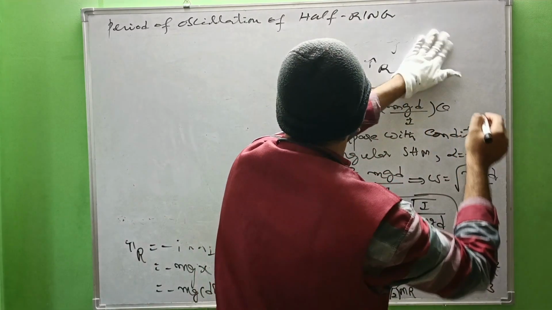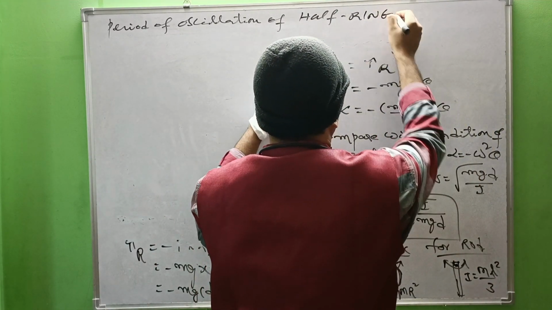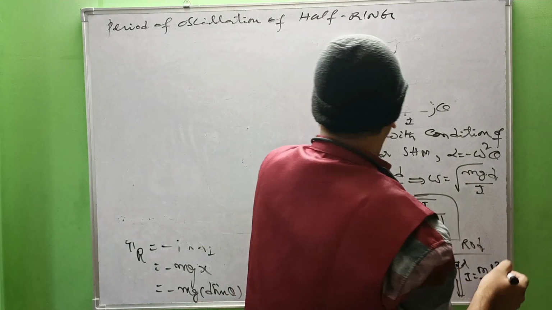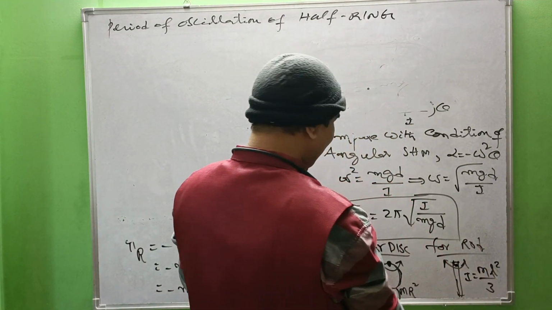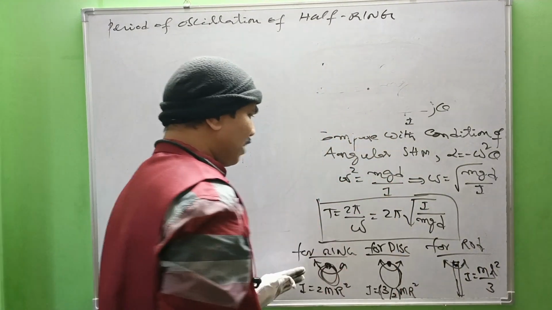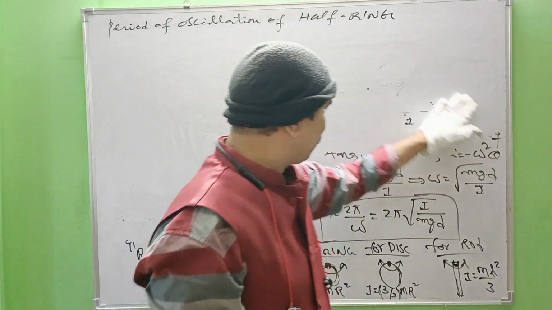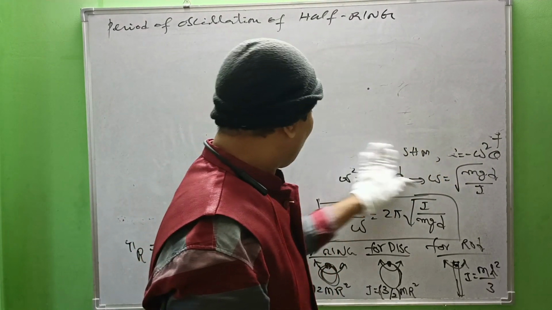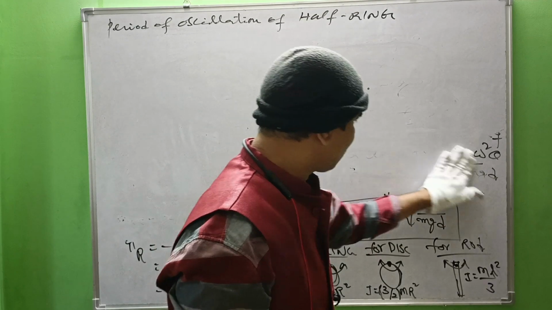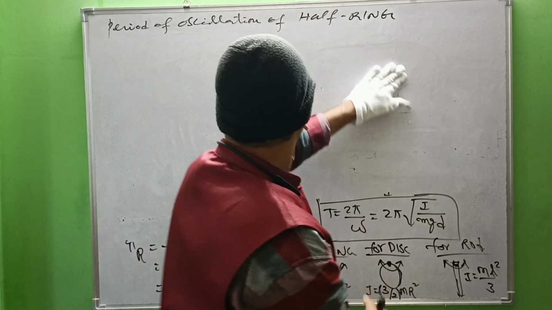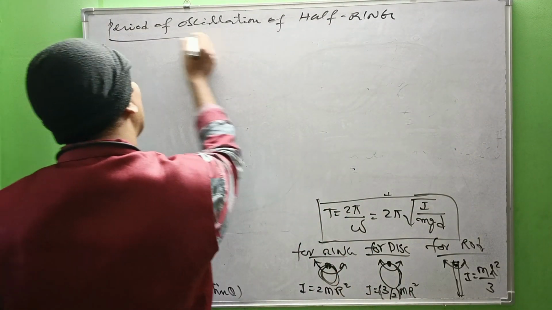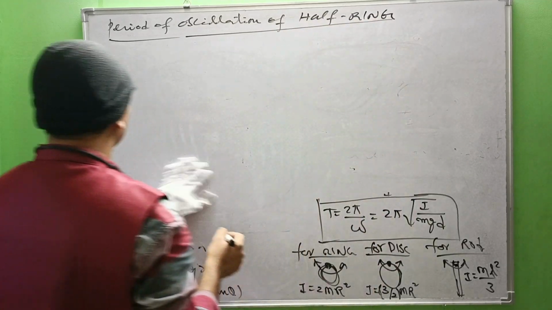So we can start from the expression itself, 2 pi root over I by mgd, but we have to find the I value before substitution.